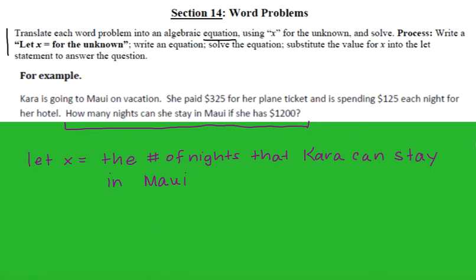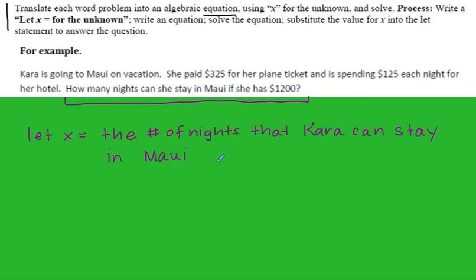Okay. So let's think about this. She paid $325 for her plane ticket. We call that a fixed cost, okay? So I'm going to write down my $325. But I have to add to that the amount that she pays per night for the hotel. So 125 times the number of nights.